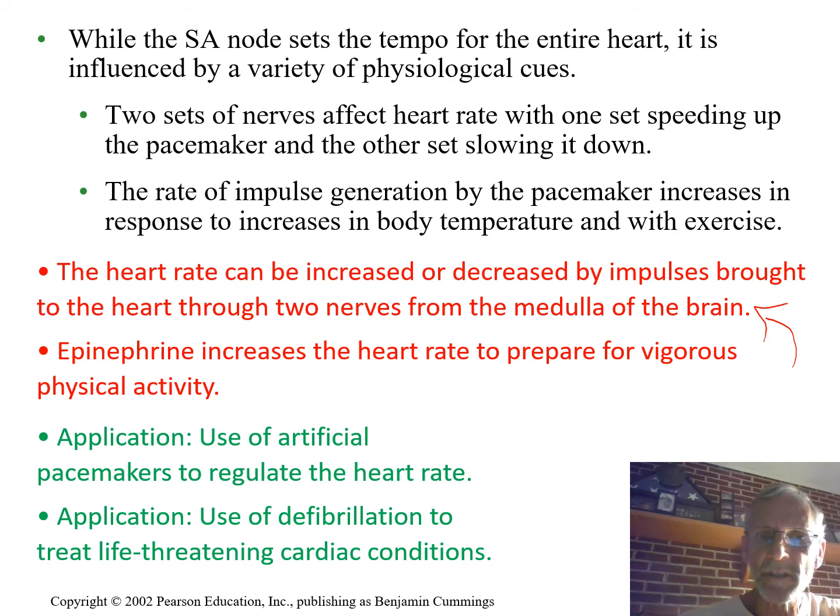So this could be worked into that kind of story. And two nerves come from that part of the brain, the medulla, right? Those two nerves, they don't specify, although they might later when we get to the nervous system, I forget. One of them makes the heart beat faster, and one of them makes it beat slower. And this is the case with a whole lot of organs. They have two nerves, one kind of activates them and one inhibits them.